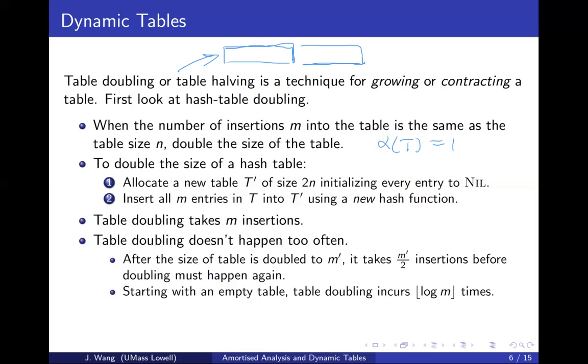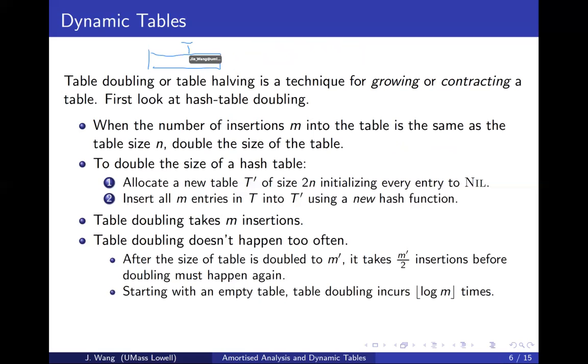To double the size of a hash table, we first allocate a new table. So this is an old table that's full.